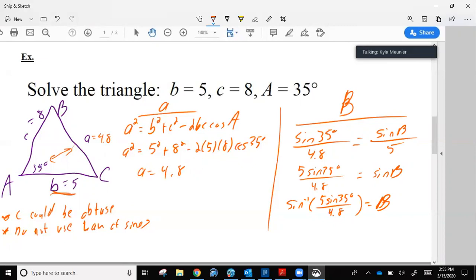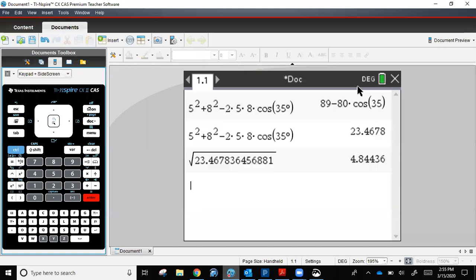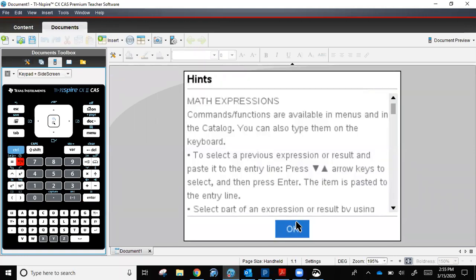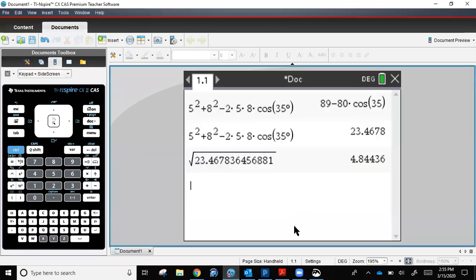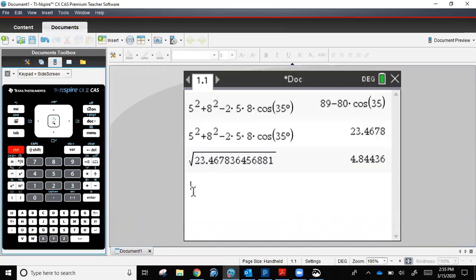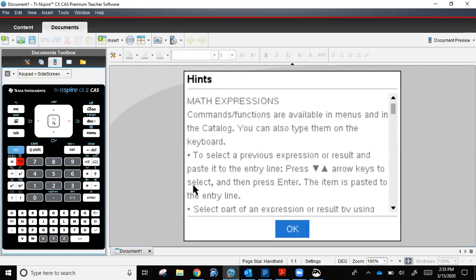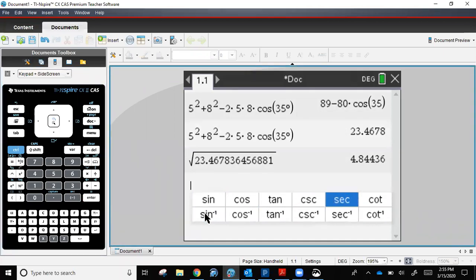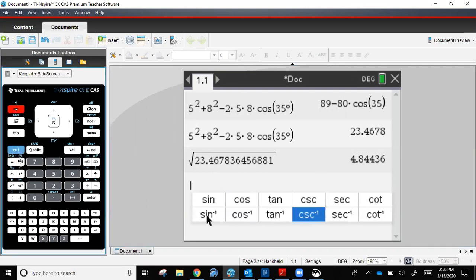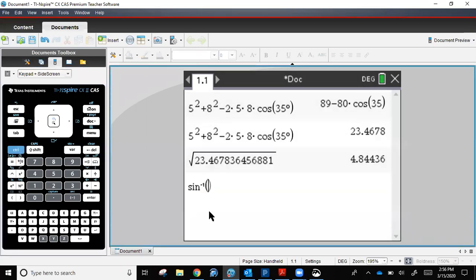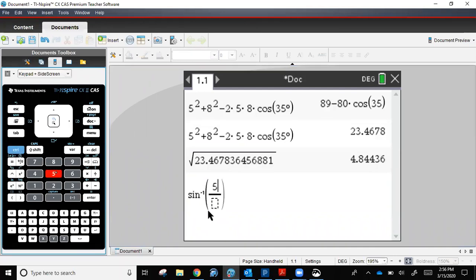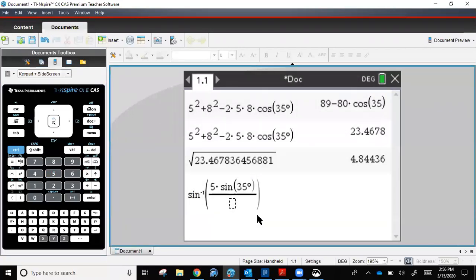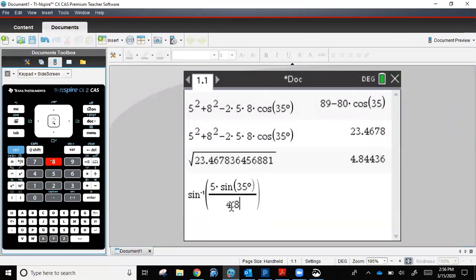I go to my calculator. Again, we're going to have the inverse sine of the fraction of 5 times the sine of 35 degrees divided by 4.8.